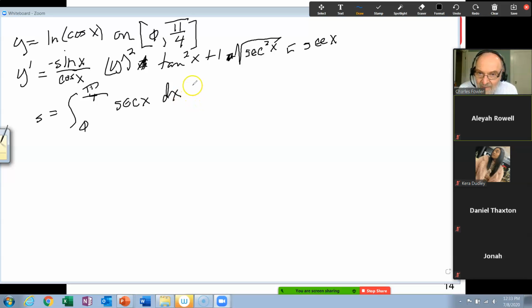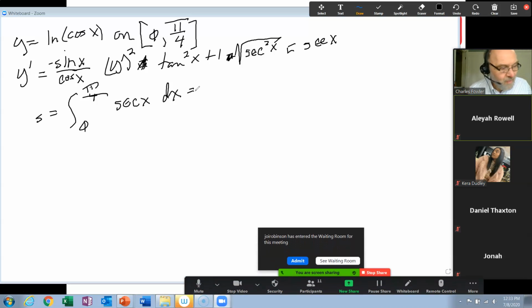Okay, now here's where we run into a little bit of an issue. Do you remember what the antiderivative of secant x is? You may or may not, but here's what I recommend, especially if you don't remember what that is.